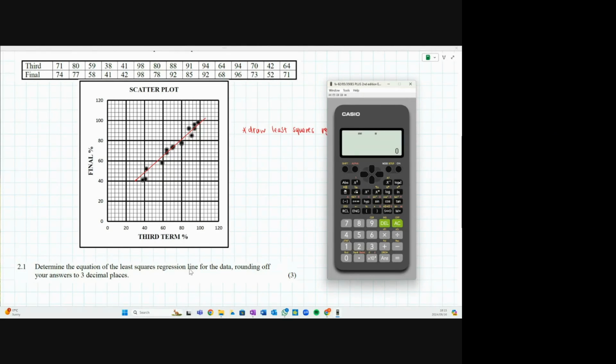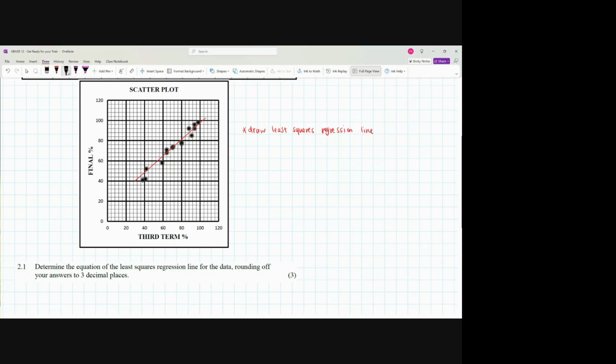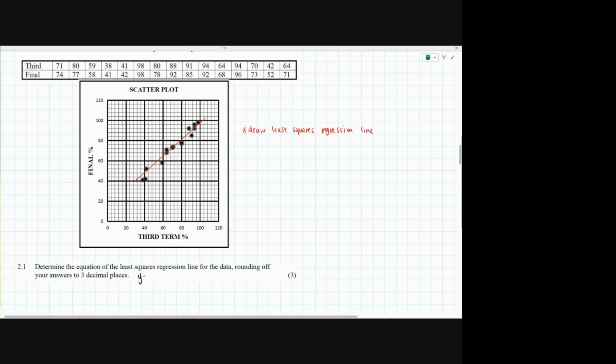Right, so we want the equation of the least squares regression line. Now, remember, your equation for your least squares regression line is y is equal to a plus bx. It's exactly what it shows you on your calculator. That's why we choose this option on our calculator, because that's what we're wanting to find.